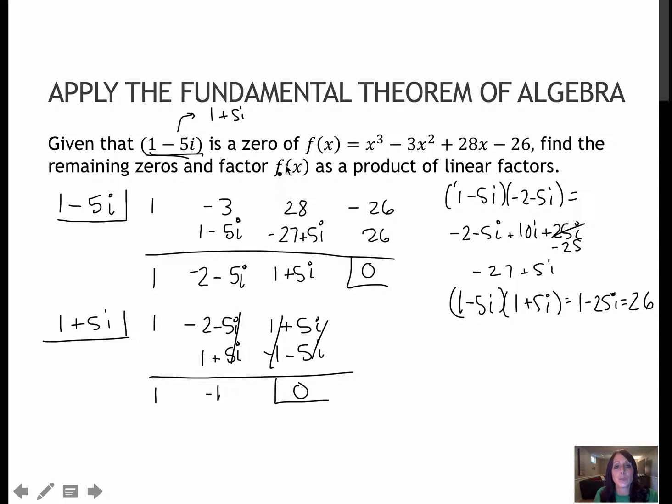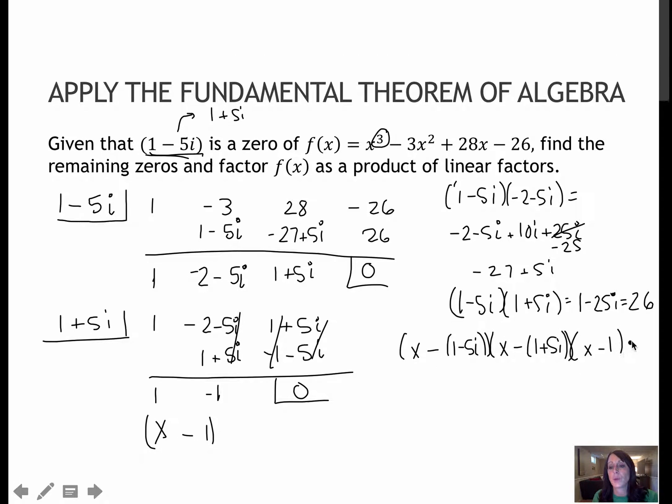What do I have left? Well, originally this was to the third, so this was to the second, so this is x to the first. So this is x minus 1. So my factored form would be x minus 1 minus 5i, which you could simplify a little bit more, but it's still pretty ugly, and x minus 1 plus 5i, and x minus 1.